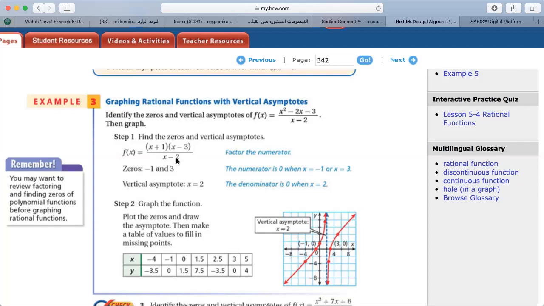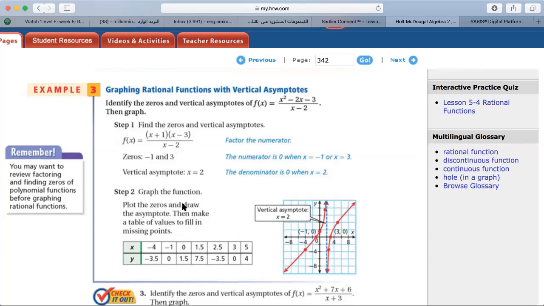Then I'm going to graph it: plot the zeros, draw the asymptote, then make a table of values to fill in the missing points. I will choose points: -4, -1, 0, 1.5, 2.5, 3, and 5. Then I will substitute the values of x.